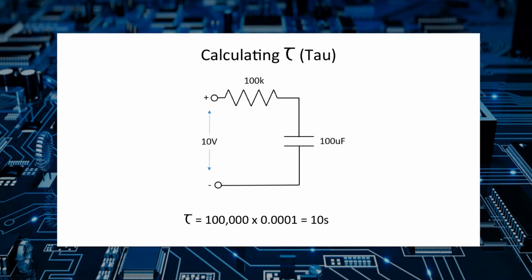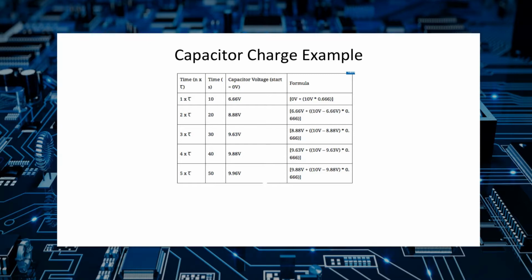So let's look at an example. Let's assume that the capacitor starts out at 0 volts, and the capacitor will eventually charge to 10 volts, the voltage across the circuit. And the way it does that is that in 1 times tau, it charges to 66.66%, right? 2/3 essentially. And that's 6.66 volts in 10 seconds.